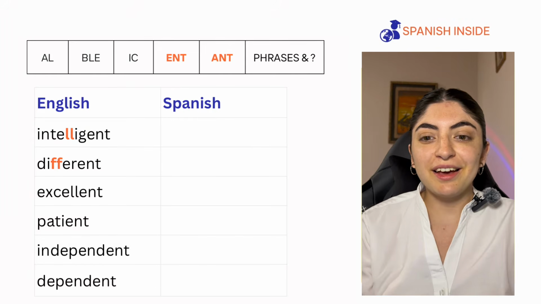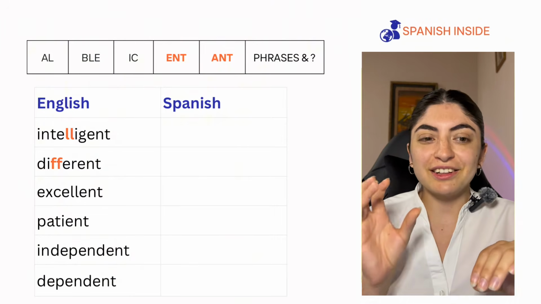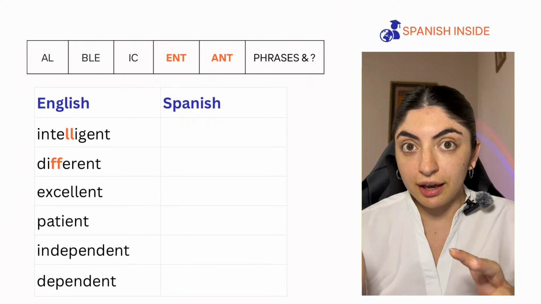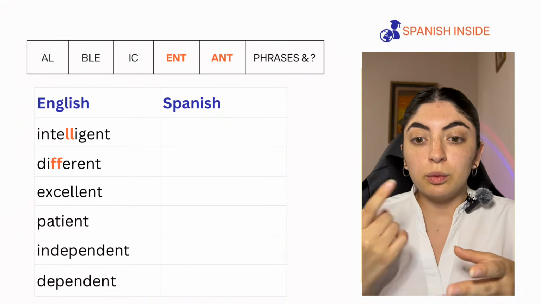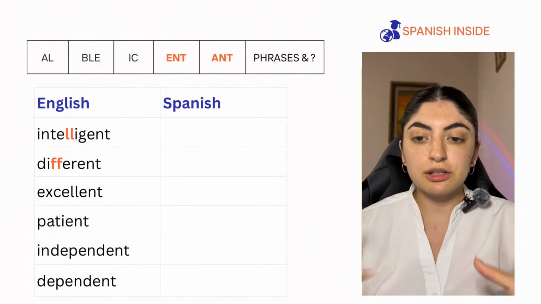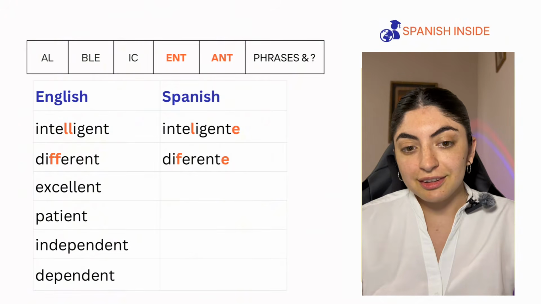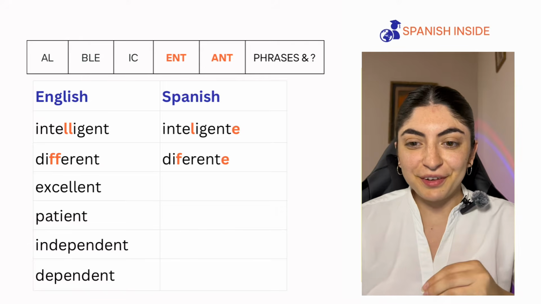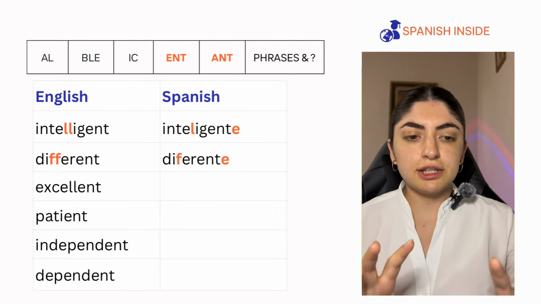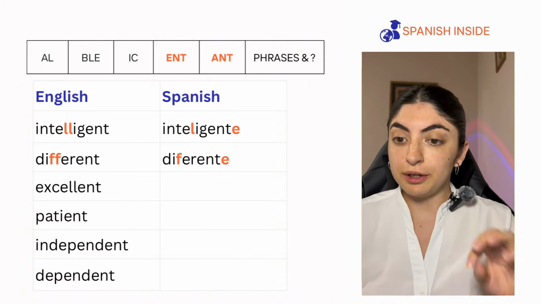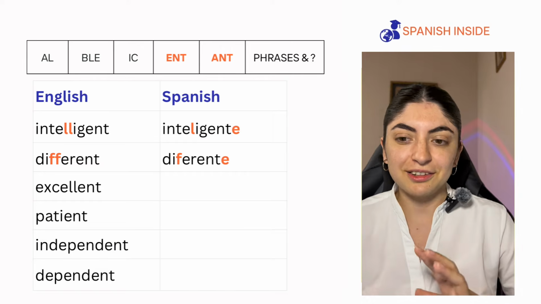On the other hand, generally English words that have a double L or double F, in Spanish we spell with only one letter. So for example, these two will be inteligente, diferente. Now you'll see how all these English words turn into Spanish words simply by adding an e at the end.